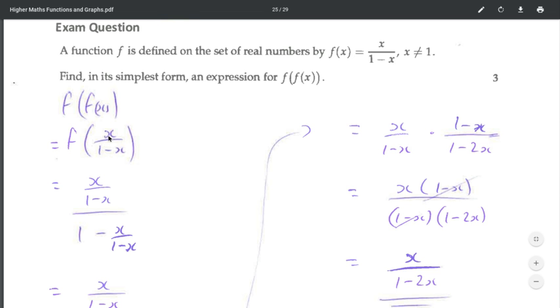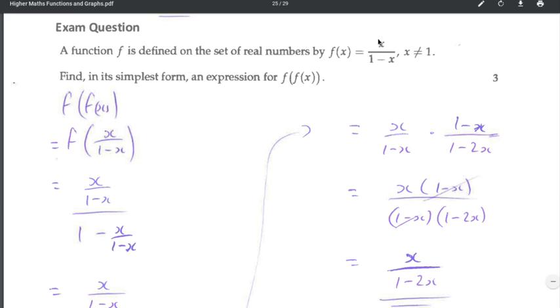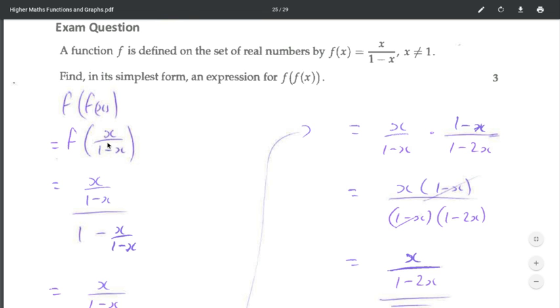So, like I was saying last time, f of 7 would be 7 over 1 minus 7. f of a would be a over 1 minus a. f of a over b would be a over b all over 1 minus a over b. f of a over 1 minus a, wherever I've got an x, I'll replace it with everything in the bracket, so it'll be a over 1 minus a all over 1 minus a over 1 minus a.